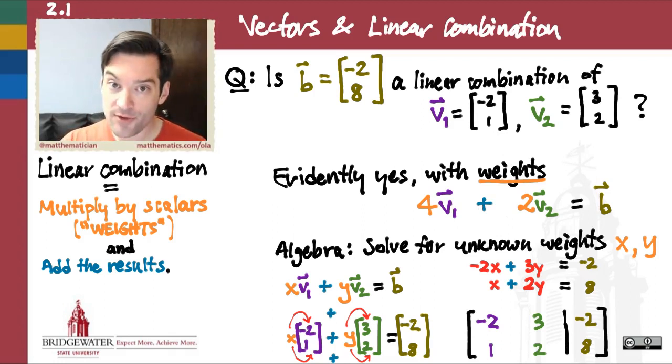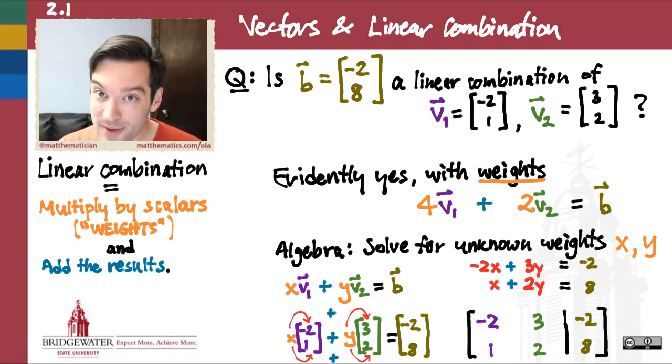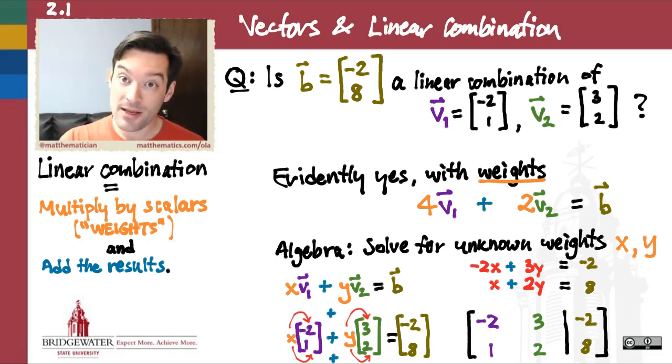So that linear system, whose solution answers the question, what linear combination of v1 and v2 gives me b, has as its augmented matrix a matrix whose columns are v1, v2, and b. That's pretty convenient. Now we're beginning to get an understanding of why linear combination is so central to what we're studying.